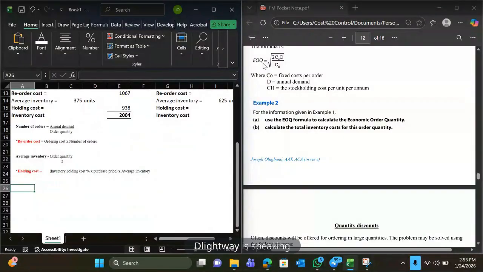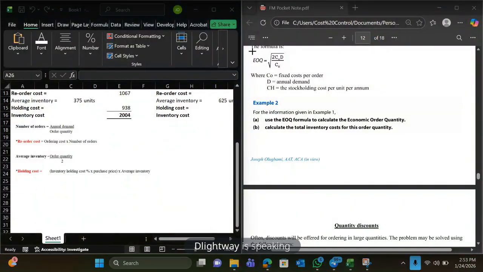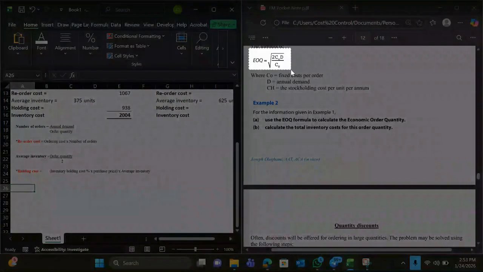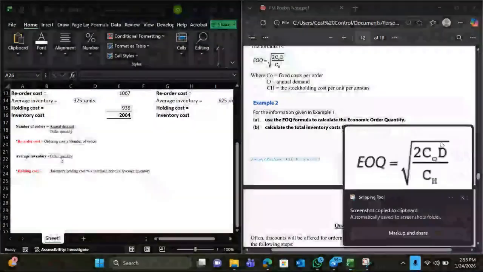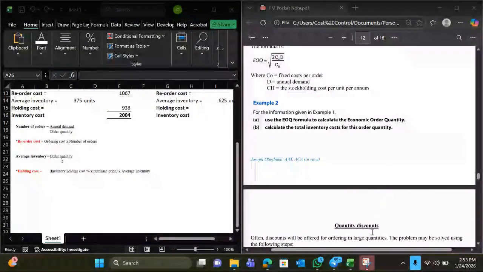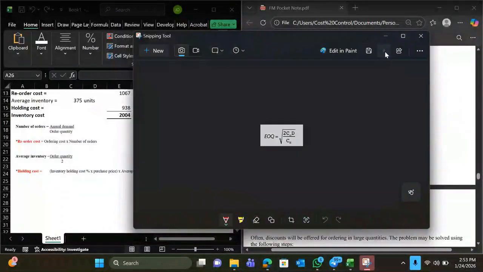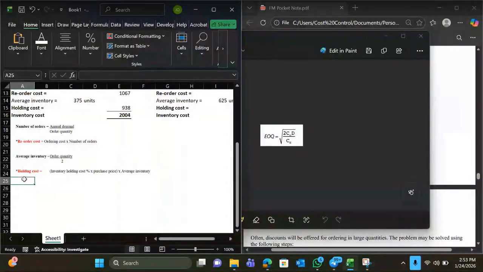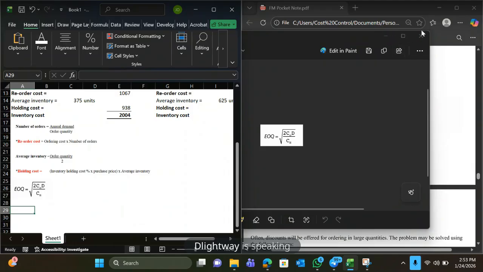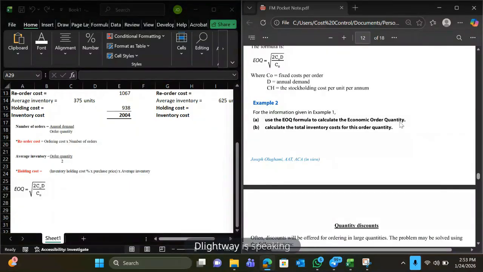Let's bring it in. So this is our formula for EOQ. From the question, we are told to use the EOQ formula to calculate the economic order quantity.